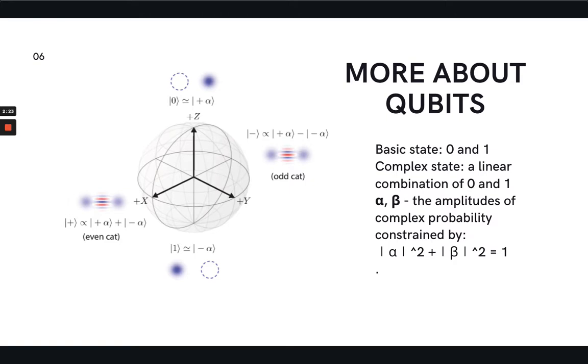And a qubit, instead of only having those two states like a normal bit does, has this complex state which is represented by a linear combination of the matrix that represents 0 and the matrix that represents 1 with coefficients alpha and beta. And alpha and beta, as I talked about before, are constrained to the surface of the sphere, which means they can't go out or shrink in.